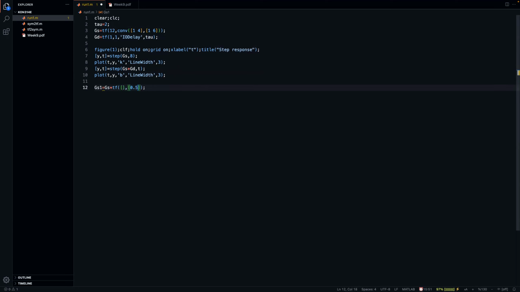So 0.5 tau s plus 1, and then minus 0.5 tau s plus 1. Let's also have GS2, which uses tau square divided by 12 s square. So the same goes for here. And there we go.